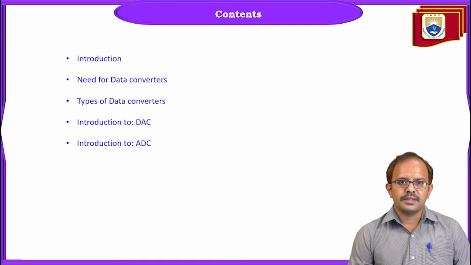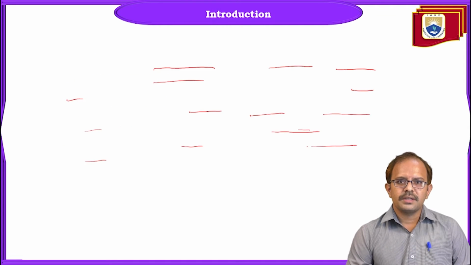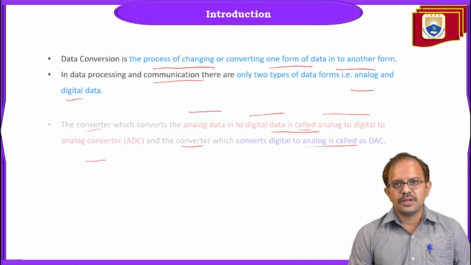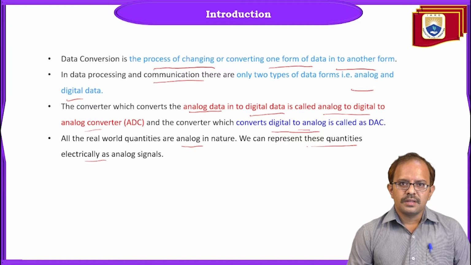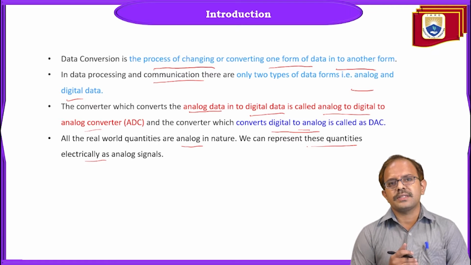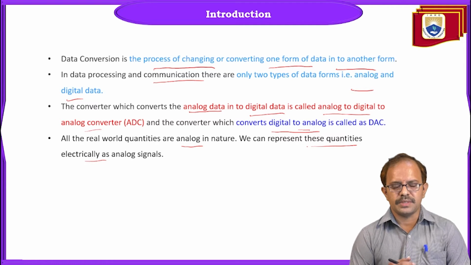So we said there are two types, nothing but digital to analog converter and analog to digital converter. These data converters are classified into two types basically.